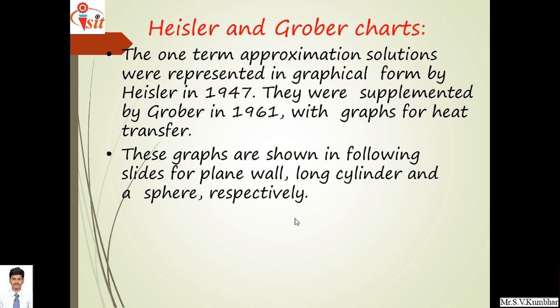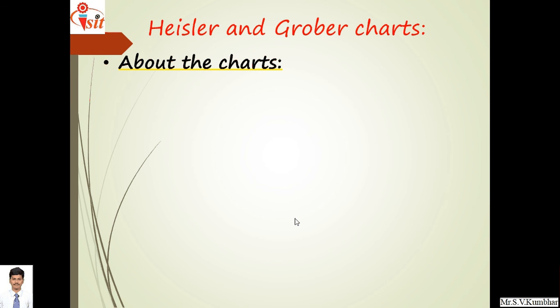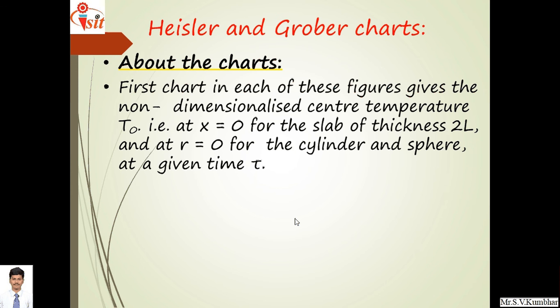These graphs are shown in the following slides for a long cylinder, plane wall and sphere respectively. Now, the first chart in each of these figures gives the non-dimensionalized center temperature, that is theta naught, at x equal to 0 for a slab of thickness 2L, and at r equal to 0 for a cylinder and sphere, at a given time t.